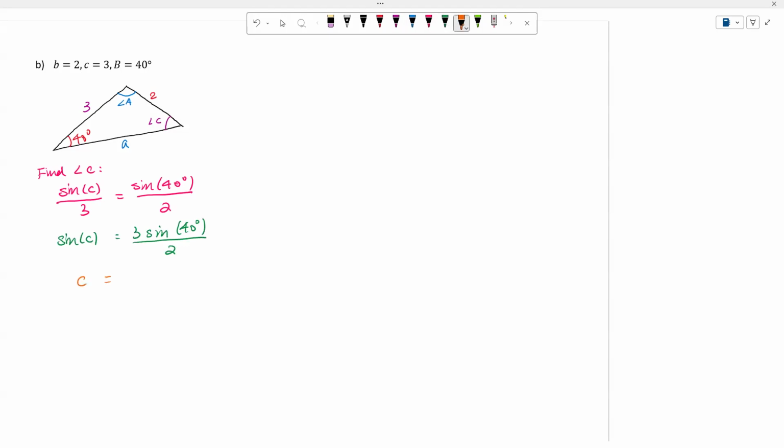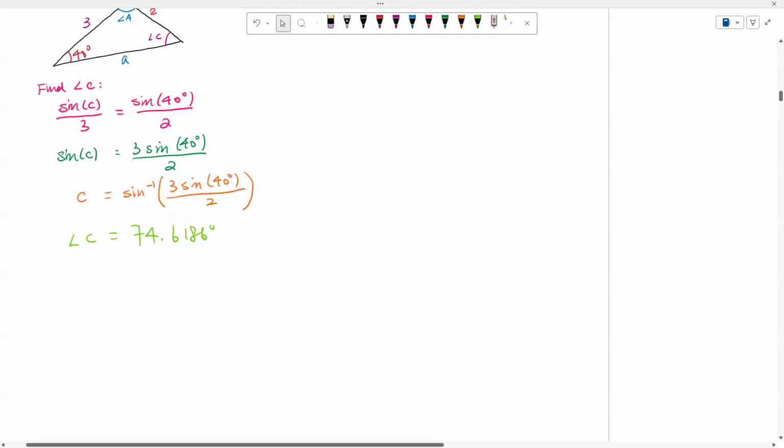And the angle C will be the sine inverse of 3 times sine of 40 degrees divided by 2. Then if you use your calculator, you will find out that the angle C is 74.6186 degrees.